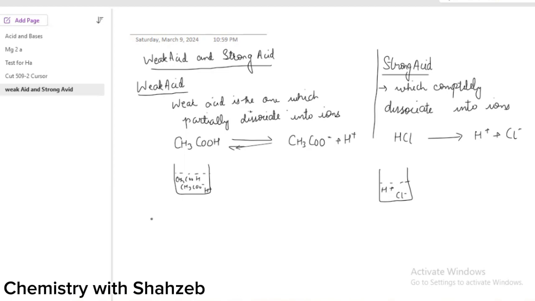Now, moving further towards the difference between a dilute acid and concentrated acid.